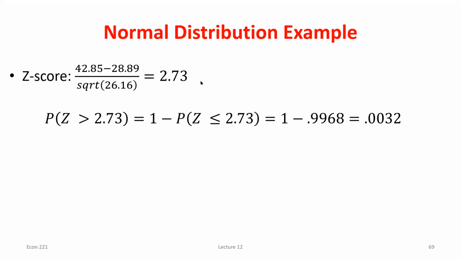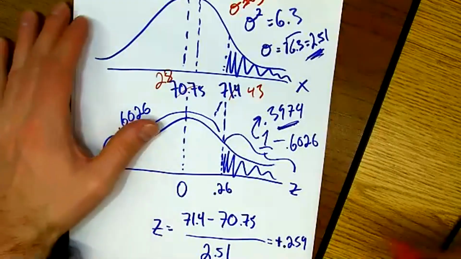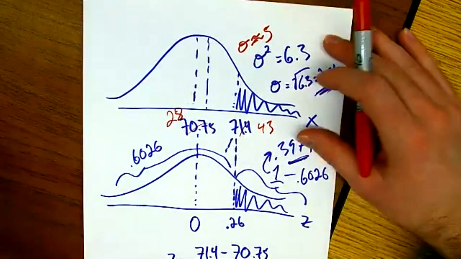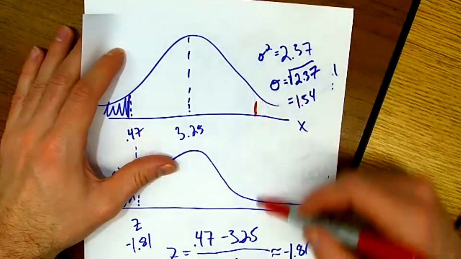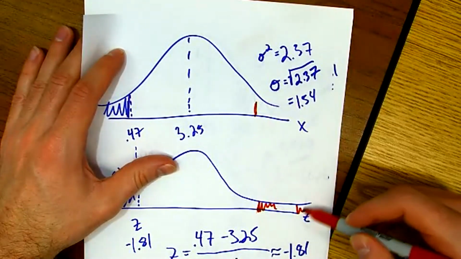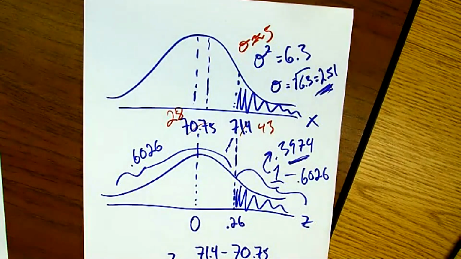So the area to the right of that should be really close to 0. If I was doing it on this graph, the higher up my z-score gets, the smaller the area to the right of it gets. So 2.73 is pretty far away.